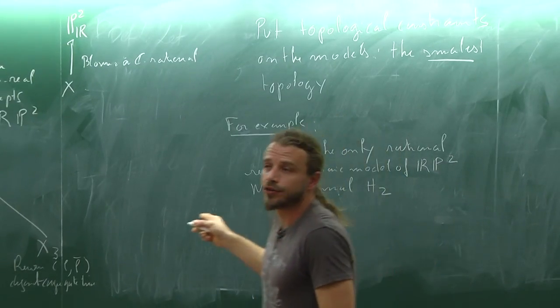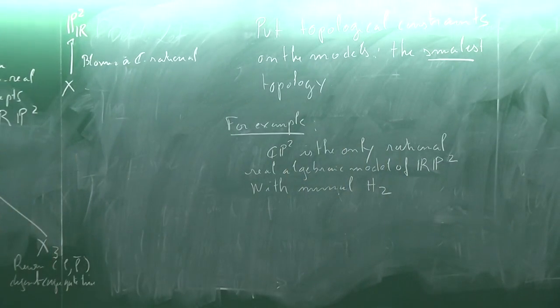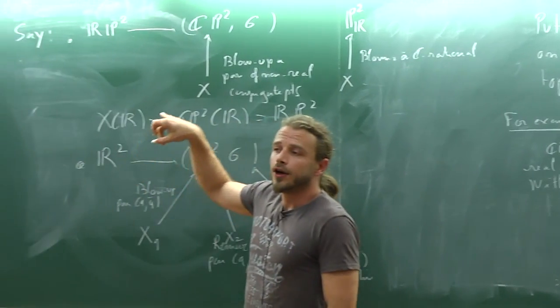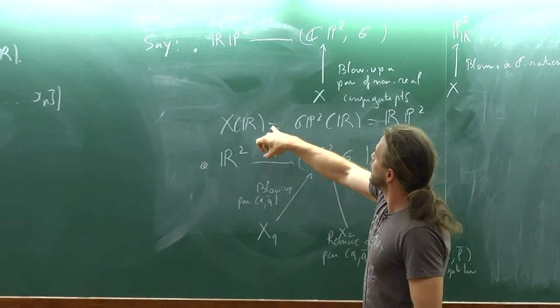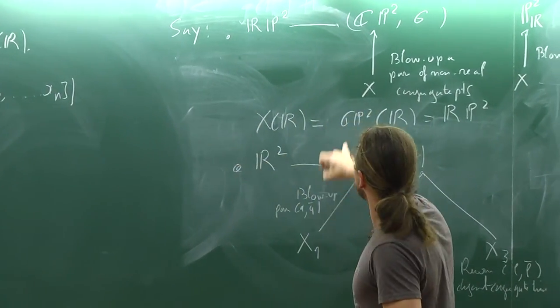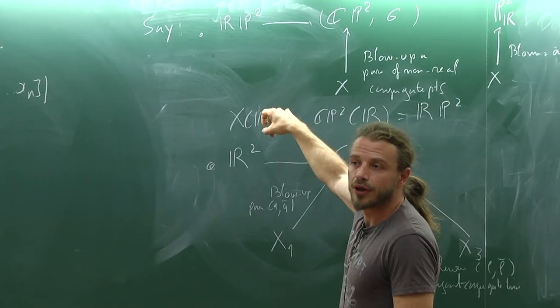Well, H2 is the same as the Picard rank, and what is hidden in this statement is the fact that every rational algebraic model of RP2 is obtained from CP2 by doing this kind of blow-up construction.